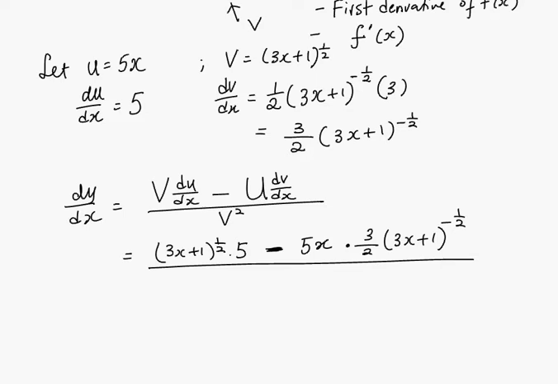The square of the square root of 3x plus 1 is simply 3x plus 1 without the square root, so it's power 1.